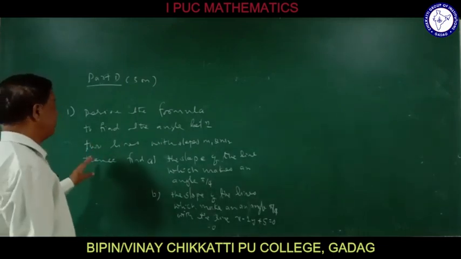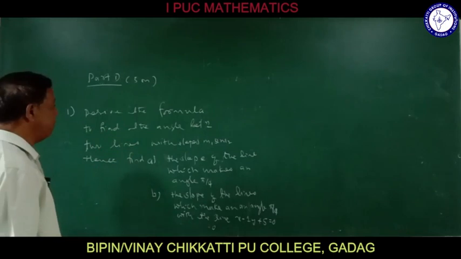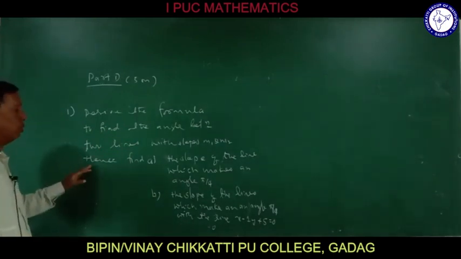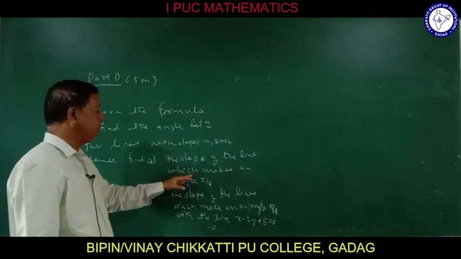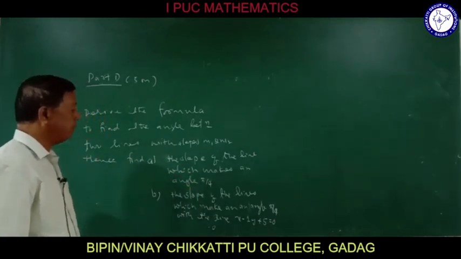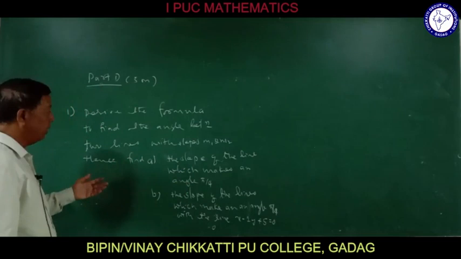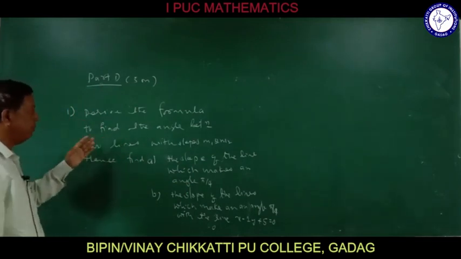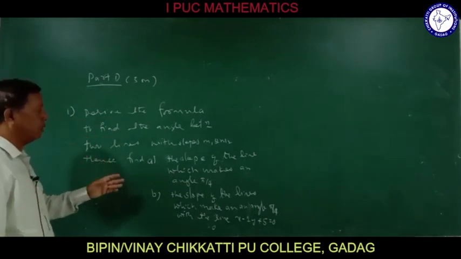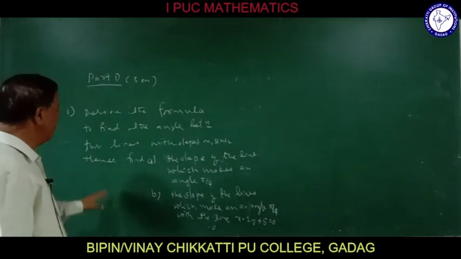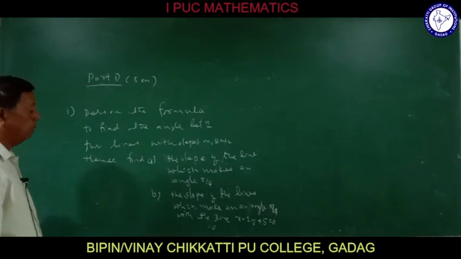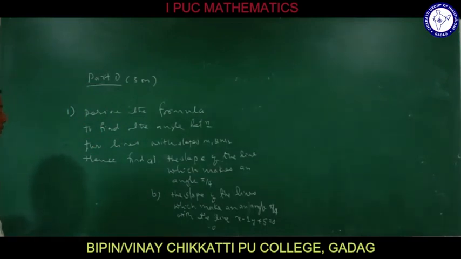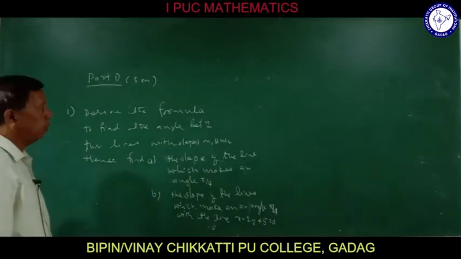Sometimes they may ask, hence find the slope of the line which makes an angle pi by 4. And third, once again derive the formula, hence find the slopes of the lines which make an angle pi by 4 with the line x minus 2y plus 5 equal to 0.